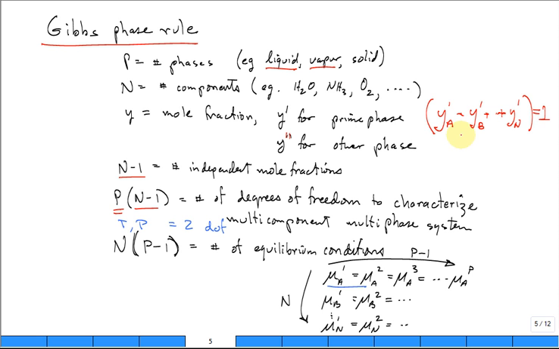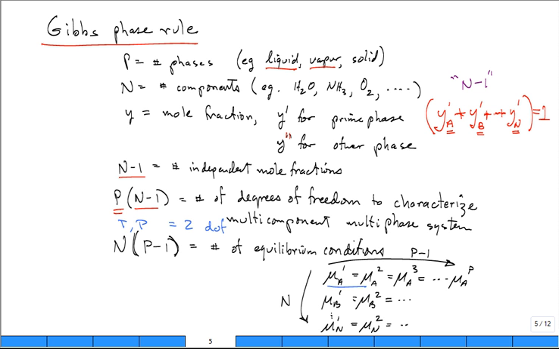Now we do know that if I add the mole fraction of component A plus B plus all the components, if I add them all up, right, there's a little dot, dot, dot right here, they have to sum to 1. So there's really only N minus 1 independent mole fractions, because the sum over all of them has to equal 1.